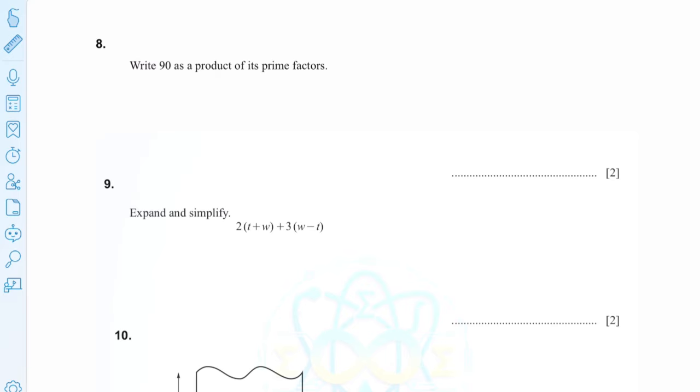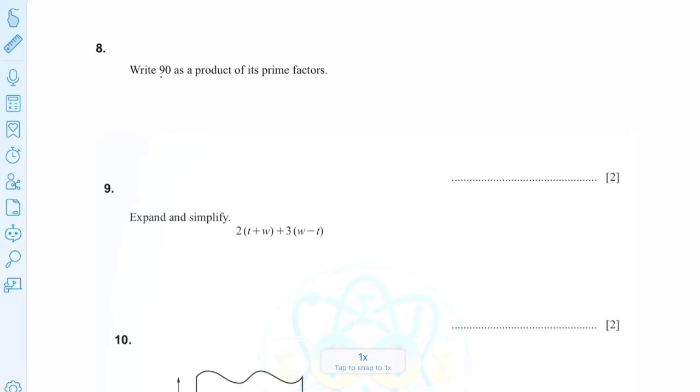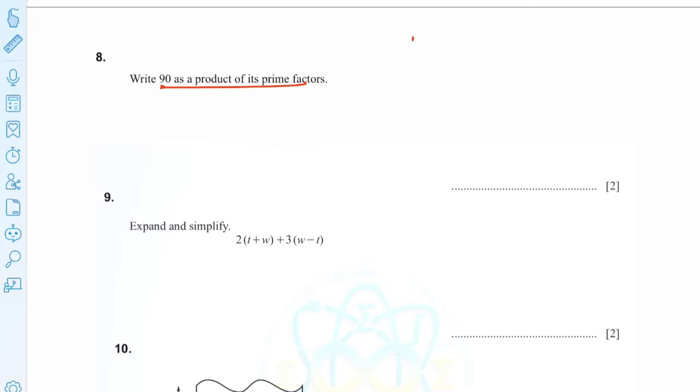Question number 8. Write 90 as a product of prime factors, right? It means you have to break 90 down until you are getting prime numbers. For example, I'm writing 90 equals 45 times 2. So 2 is a prime number, but 45 is not. Let's break it again. I think you are getting 9 times 5. So 5 is a prime number, and break the 9 again.